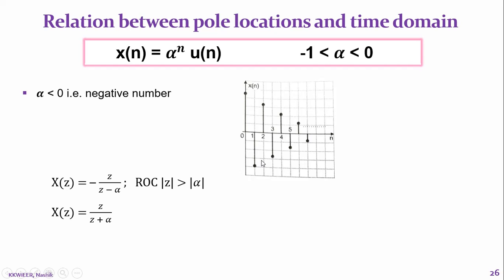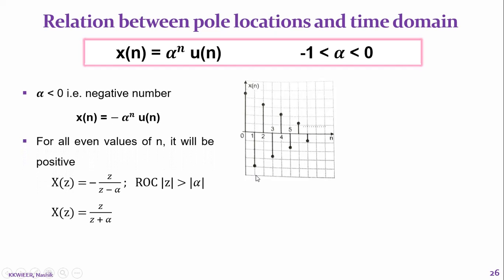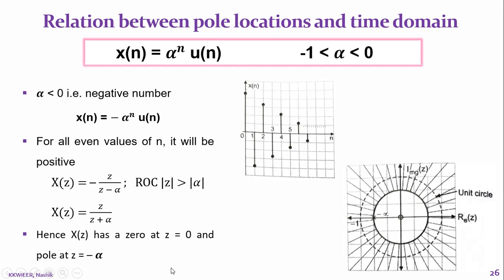So alpha will be less than 0, that is a negative number. That's why your sequence will become minus a raised to n u of n. For all even values of n, it will be positive. Hence you will get a zero at z equal to 0 and a pole at z equal to minus alpha. So this is the region of convergence.